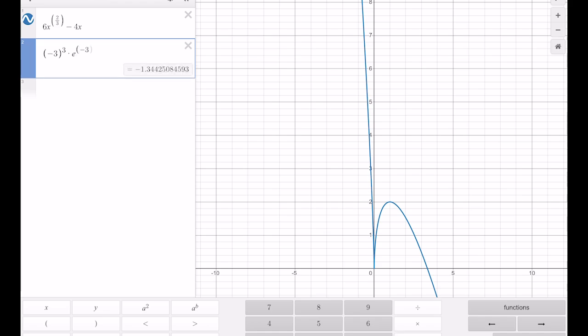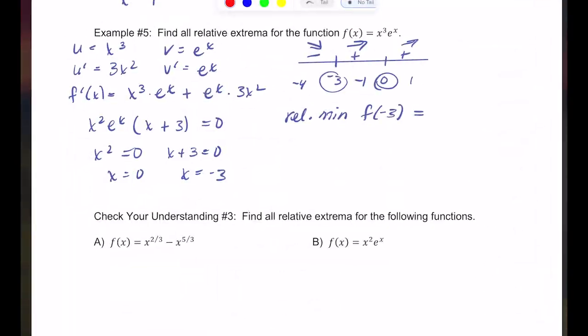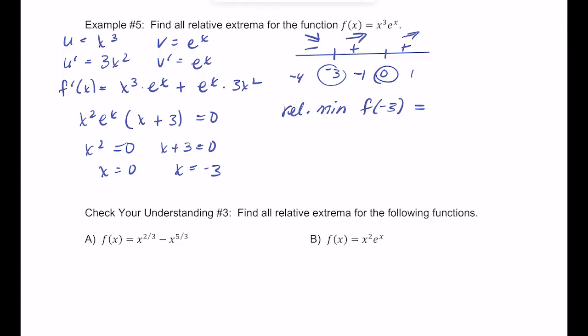And you end up with negative 1.34. Okay, and again, there's no relative max or min at x equals 0, right? Because the derivative does not change signs.